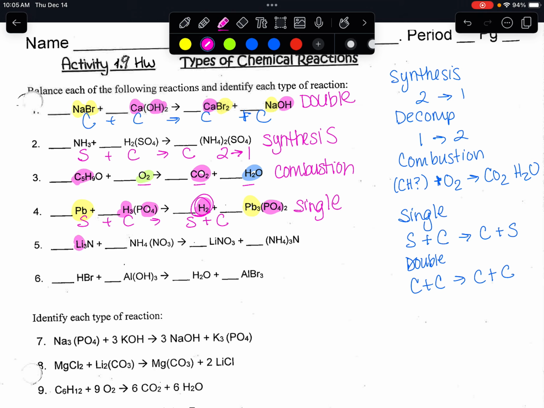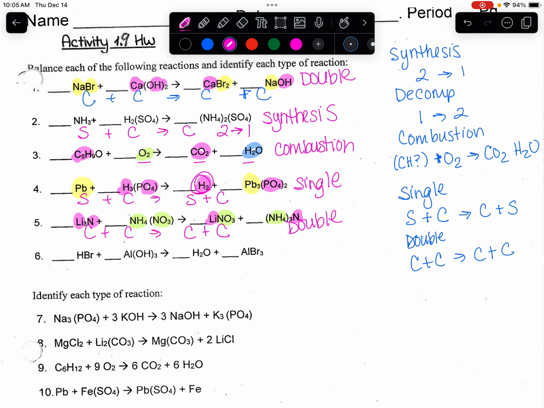Number 5, I got Li and Ns over here. I got an Li and an N over here. I got NH4 and OH3s over here, and an NO3 and an NH4 over here. So I had something complex plus something complex, and it gives me 2 more complex things. So that is a double replacement. And then for number 6, I have hydrogens and Brs.